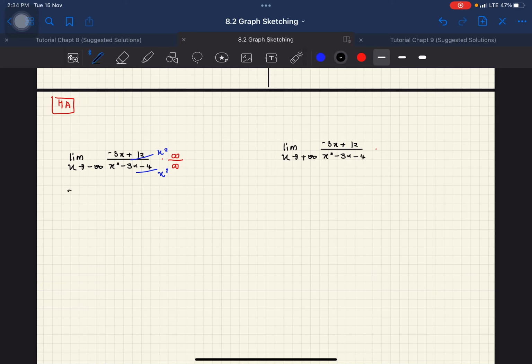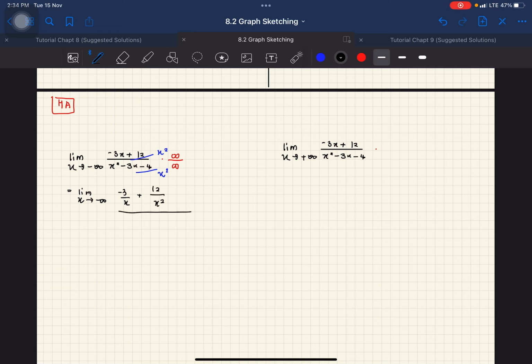So I will get limit x approaching negative infinity. So untuk bahagian atas, saya ada negative 3x divide by x square. So saya dapat negative 3 over x. Okay, and then tambahkan dengan 12 bahagi x square. So 12 per x square.